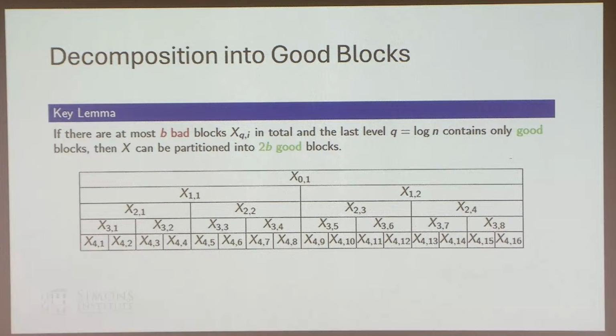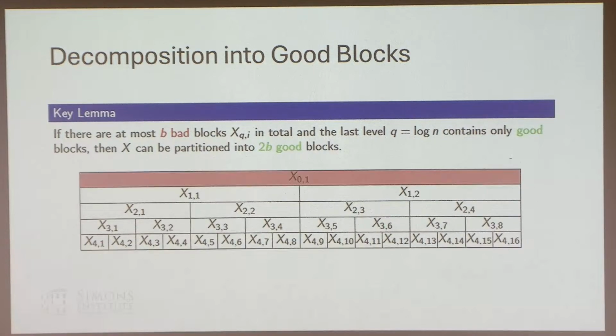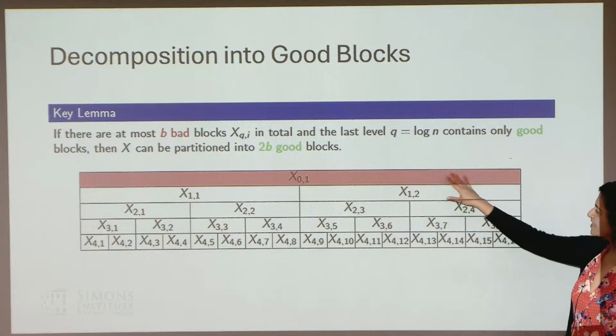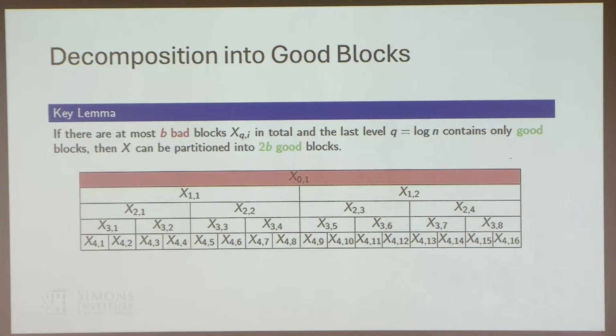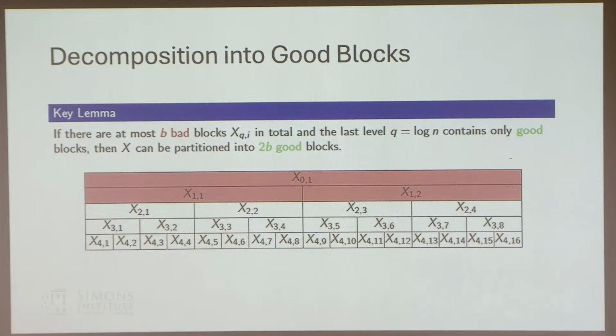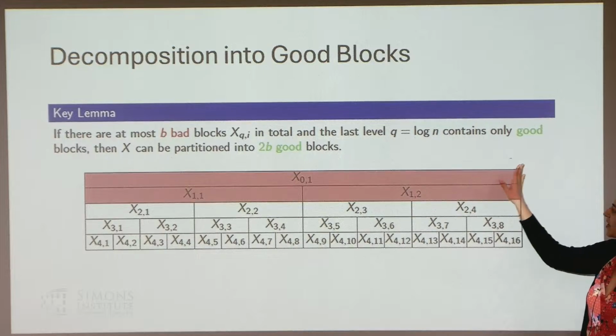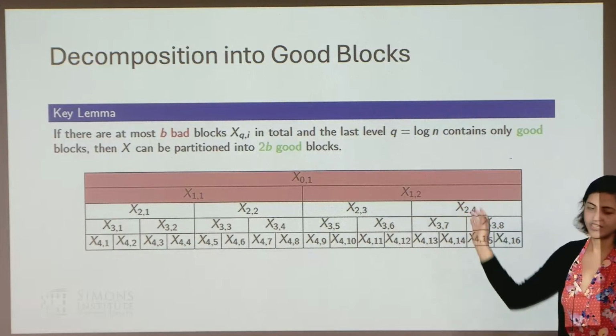And how you can think about it: if this is a bad block, then in the next level I'm decomposing it into 2 halves, and I'm going to stop whenever I find a good block. So here this was a bad block, so suppose there are greater than k edits. You decompose it into 2 blocks.